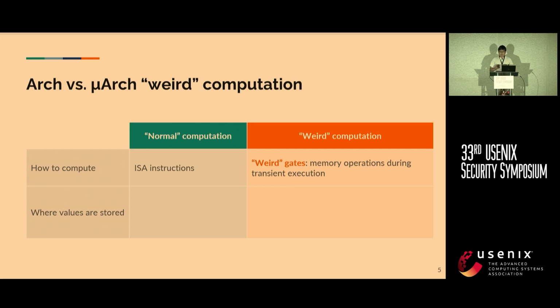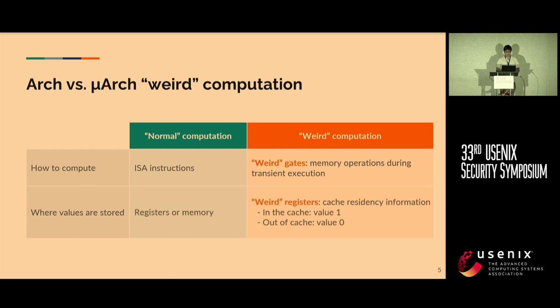This means that every architectural change created from these weird gates will be reverted by the processor after the transient execution, so we are not able to use these weird gates to modify the values inside the registers or the main memory. So now, we need to store the values inside weird registers.